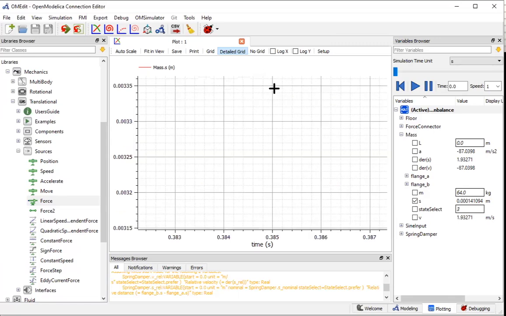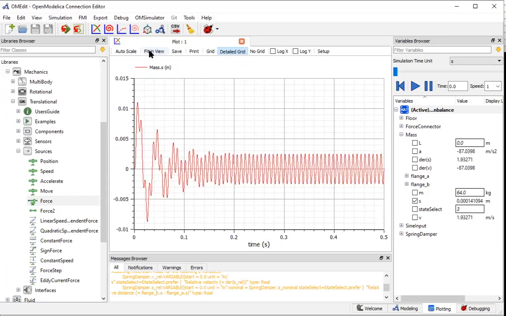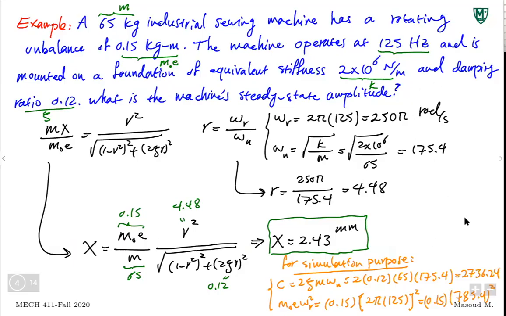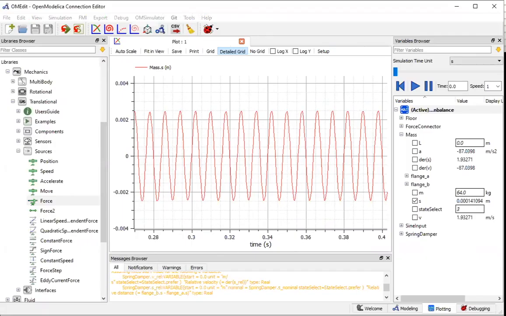Zoom in there. There you go. It's somewhere about 2.44 millimeters. And what we got there, if you look back, we got 2.43 millimeters for the oscillation of the mass. So it's pretty close.